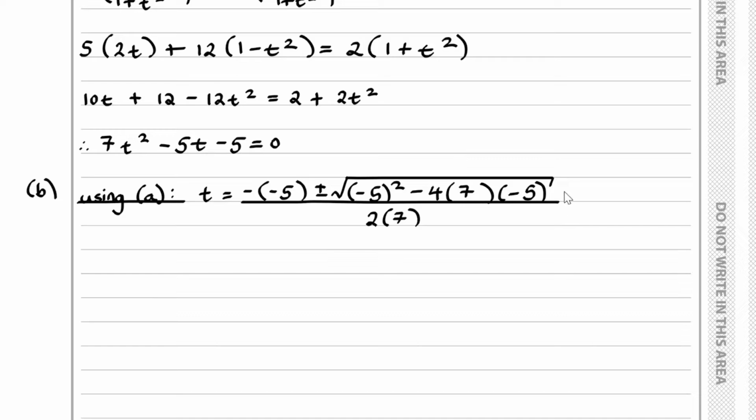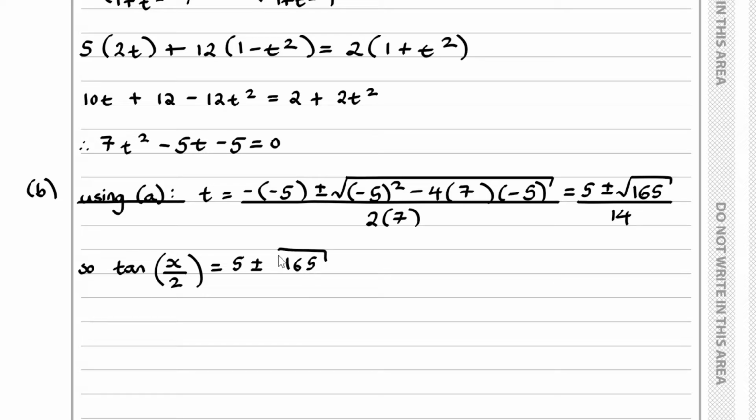And if we simplify all this, you'd find t is equal to 5 plus or minus the square root of 165 over 14. Okay, and therefore we see that tan of x upon 2 is equal to 5 plus or minus the square root of 165 over 14.